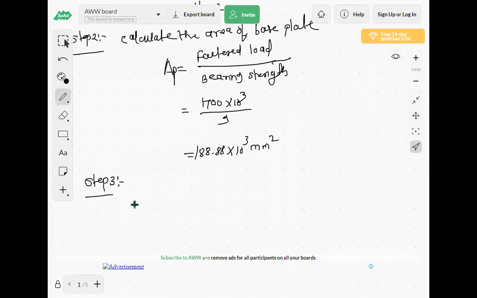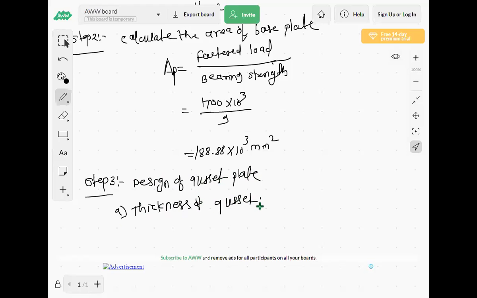So in step number 3, here we can write design of the gusset plate. Here we have to first assume the thickness of gusset plate.